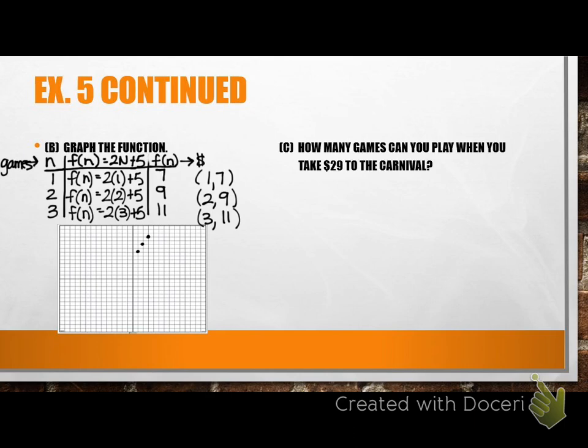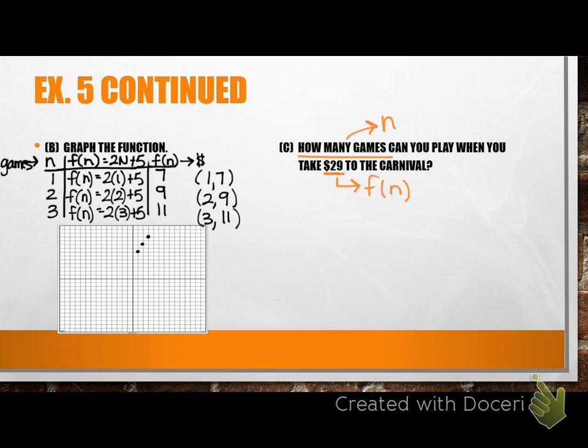Now, look at part C. It says how many games, and what variable represents the games in our problem? The n. Can you play when you take $29 to the carnival? Now, what variable is represented by the money? f of n. Remember, we labeled our X and Y chart over here.